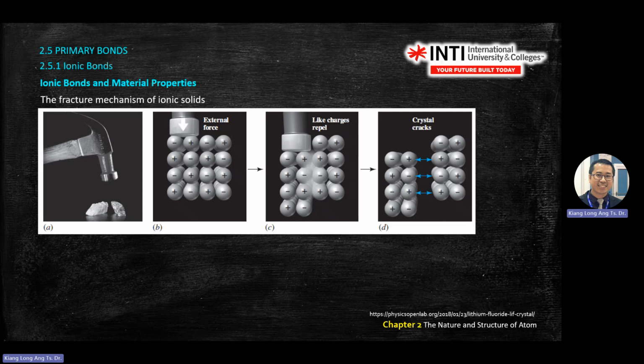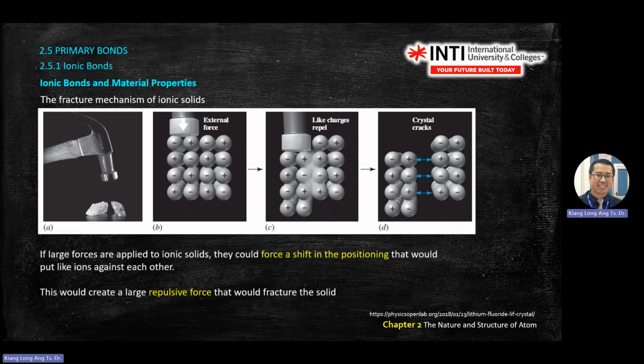When you hit with an external force, the first row, the first and second column, will shift down. They will shift down until you see positive next to positive, and they repel each other. This is why they are brittle. They are easy to break. The rest you read.